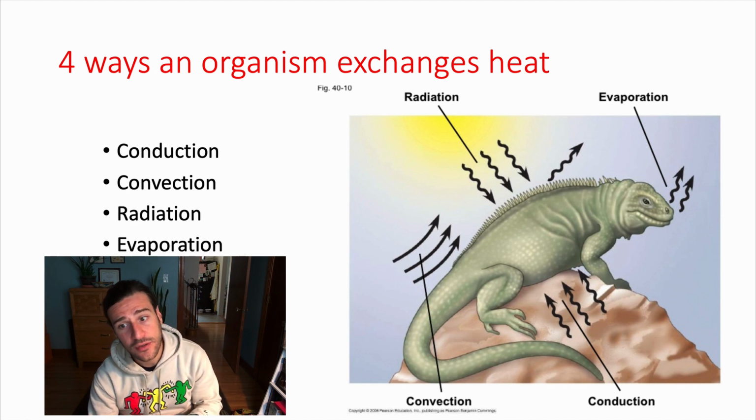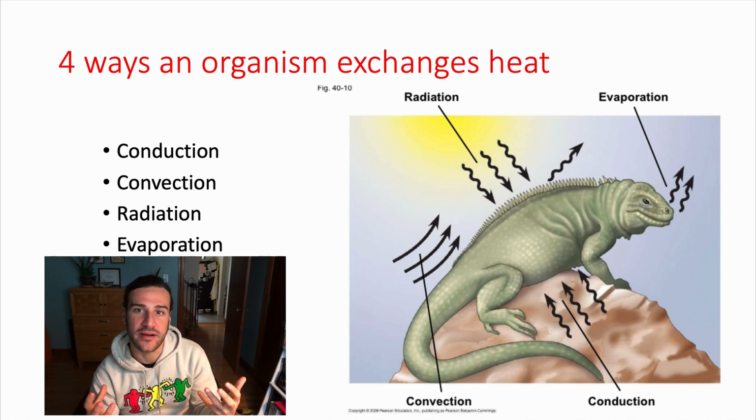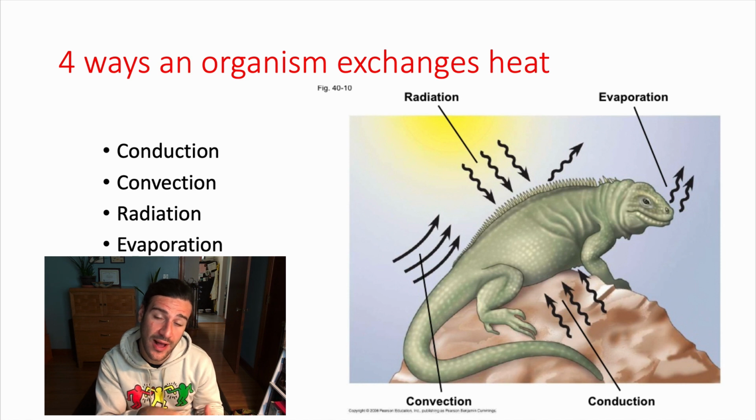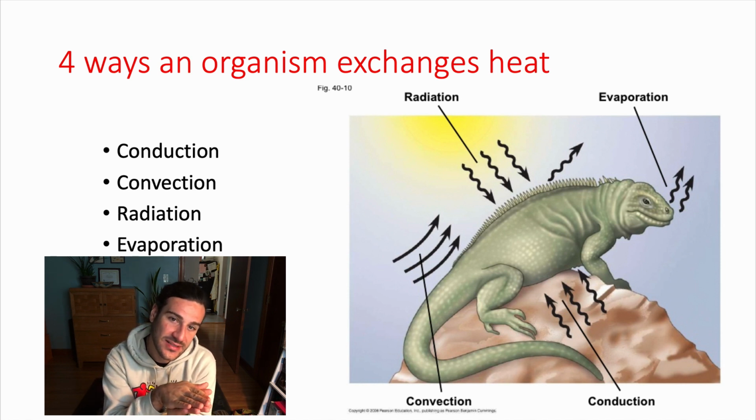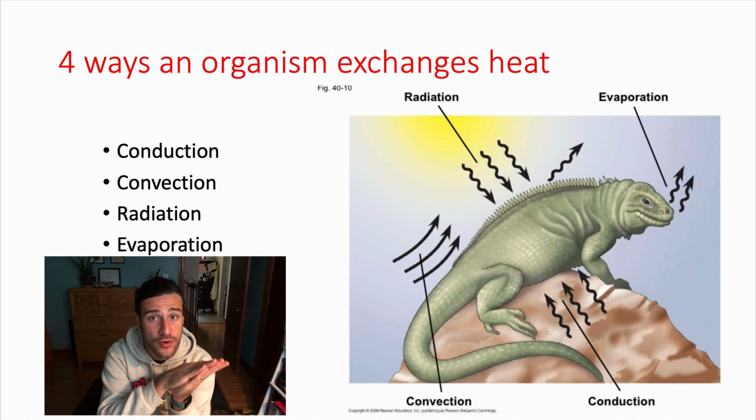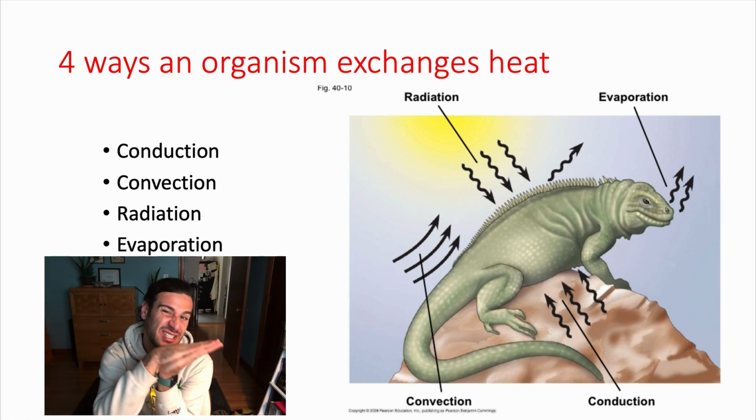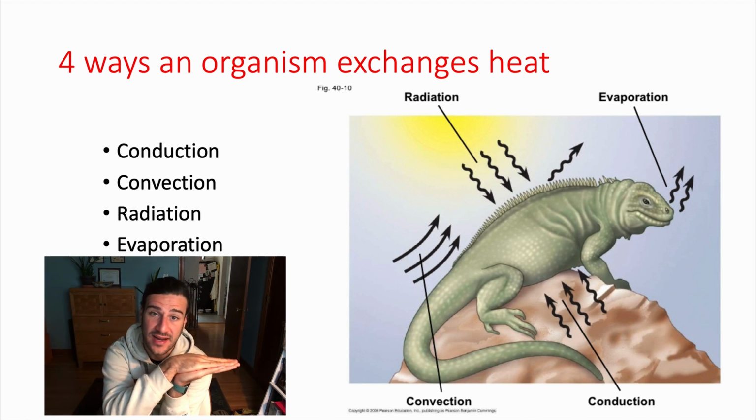And what they do is they find a dark, preferably rocky surface, because we know dark surfaces have low albedo, so dark surfaces absorb heat really well. They lay on a dark surface and they heat up through conduction by actually touching their body on that dark surface.